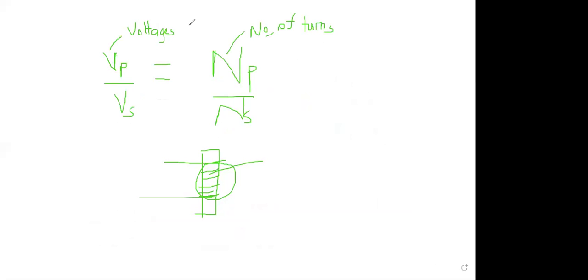Voltages. Now the P is for input, because the primary coil is the input coil. So this is the input.